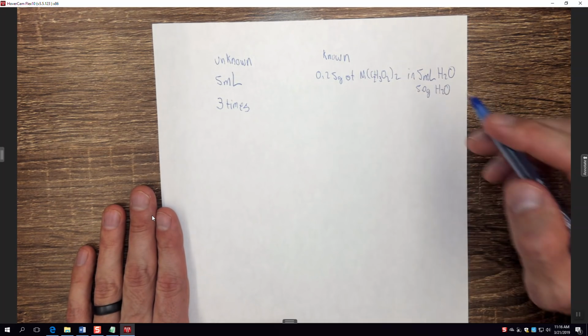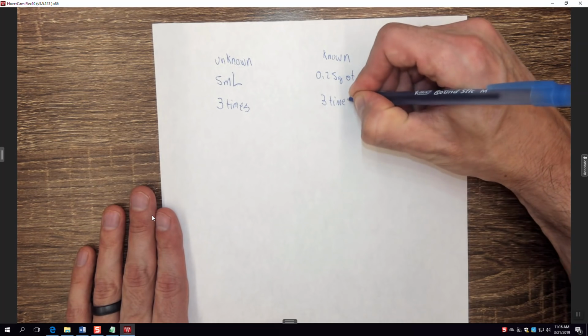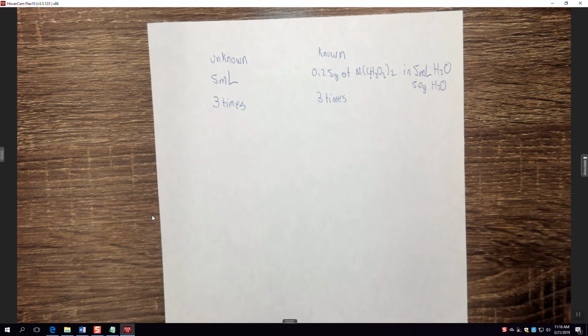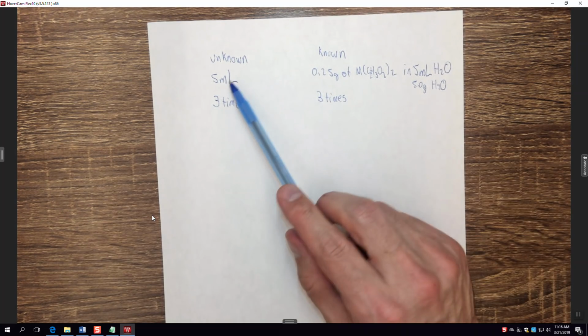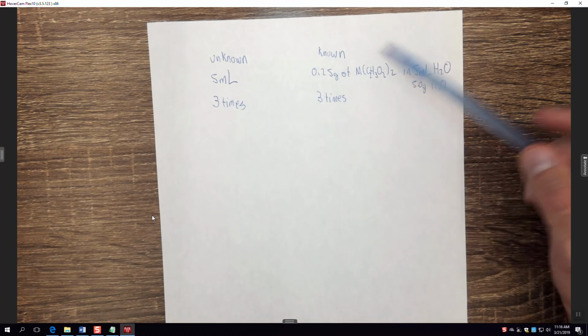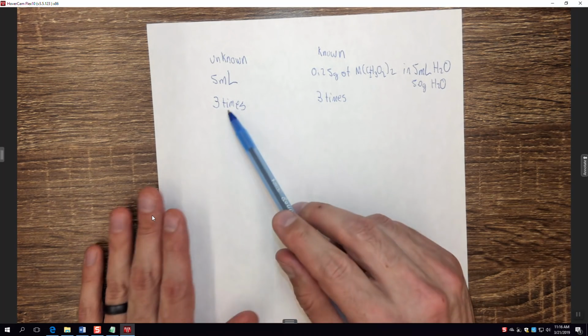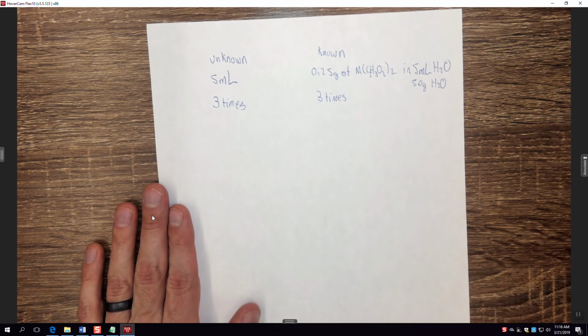And you're then going to again freeze this 3 times, thawing it in between each time. So you're going to use the unknown sample 3 times, the known sample 3 times. Again, you can use the same sample and freeze it 3 times, and you're going to find the freezing point depression of each of these.